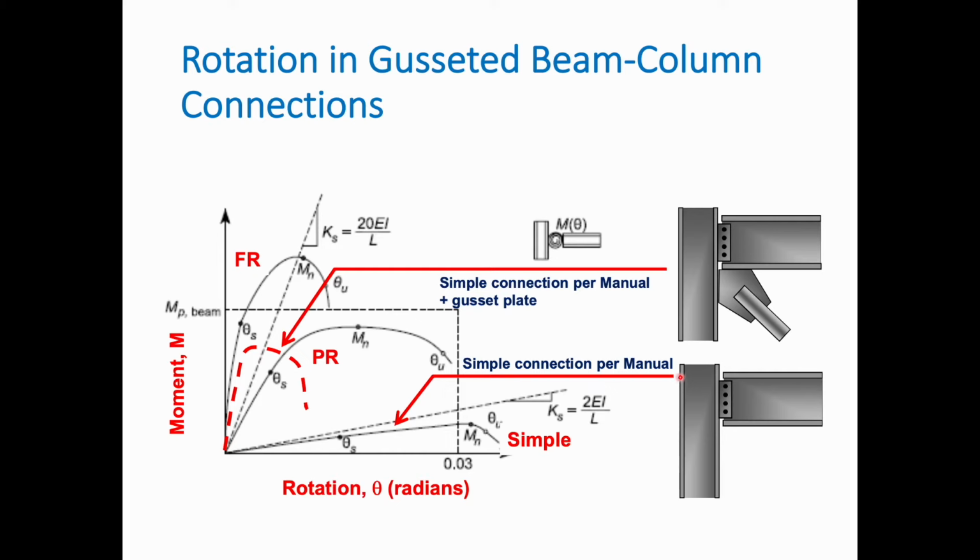Now, when you have a simple connection like this and you add a gusset plate with a brace, then you must appreciate that the behavior of the connection is changing.